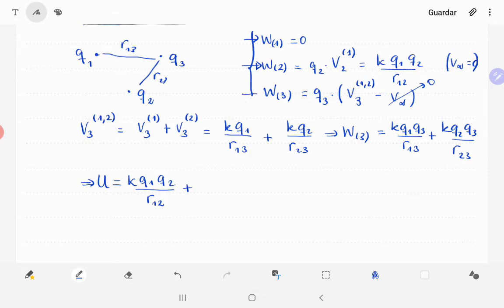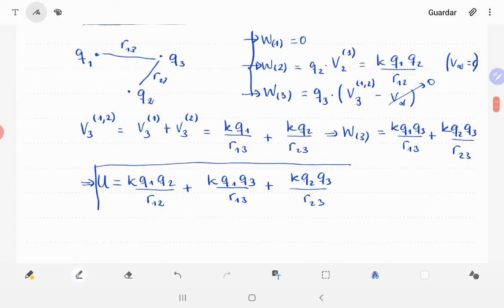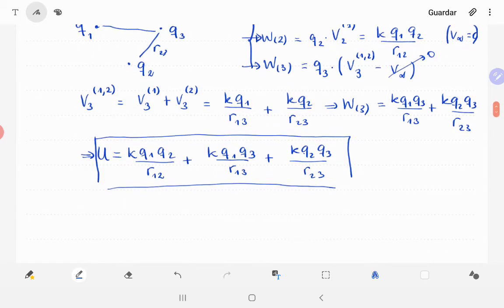Plus the work we have to do to bring point charge 3 when we already have point charge 1 and point charge 2. So this is K Q1 Q3 divided by R13 plus K Q2 Q3 divided by R23. So this is the total electrostatic potential energy of this system of charges.